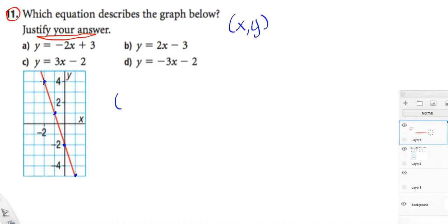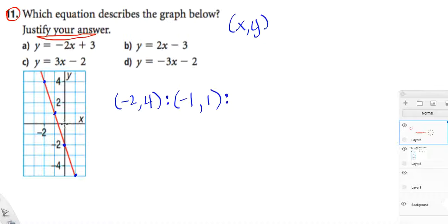If we look here, we see that the X value is -2 and the Y value is 4. So that's our first ordered pair. Let's take a look at the second one. The X value is -1 and the Y value is 1.